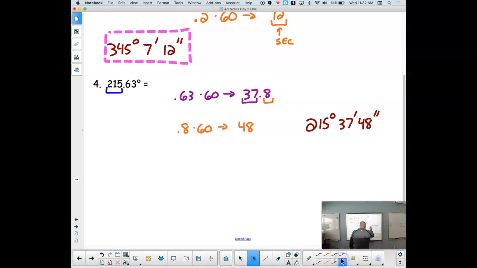I get 215 degrees, 37 seconds, or excuse me, 37 minutes, 48 seconds. Okay? Knowing how to convert between the two is going to allow us to expand our problem sets, and NTC on your final that you have to take for the dual creditness has some degrees, minutes, and seconds on it also. Okay?